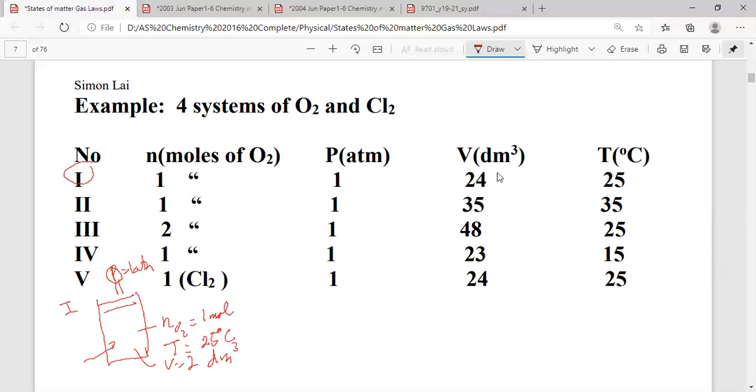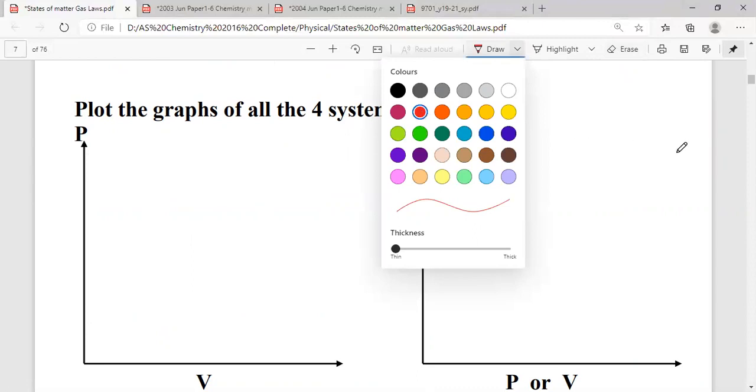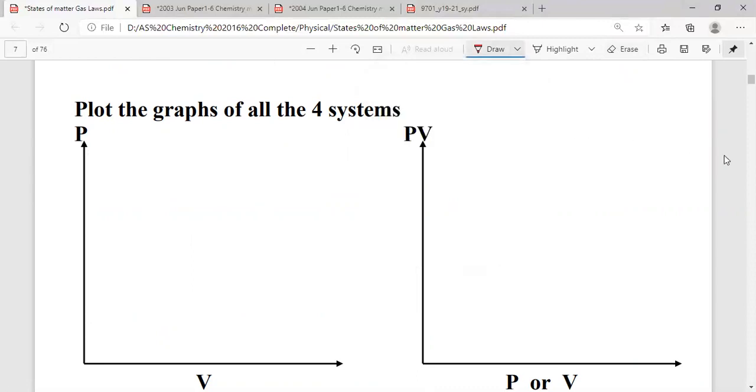So that's Boyle's Law. For experiment 1, I would draw a graph like that. Not very good, huh? Let me draw again, nicer. I put the P here, 1 atmosphere.